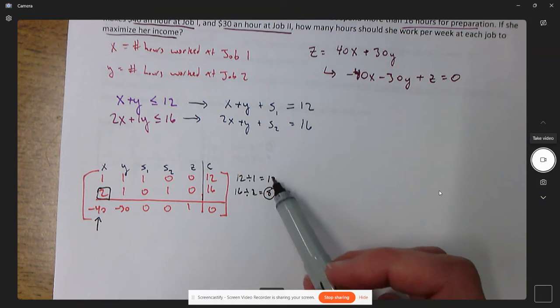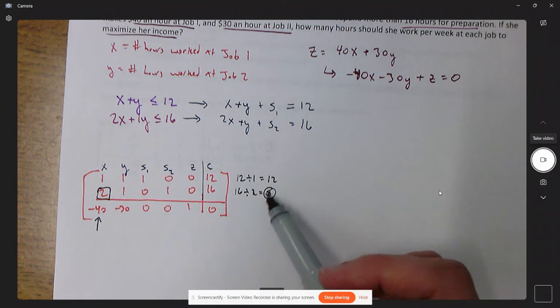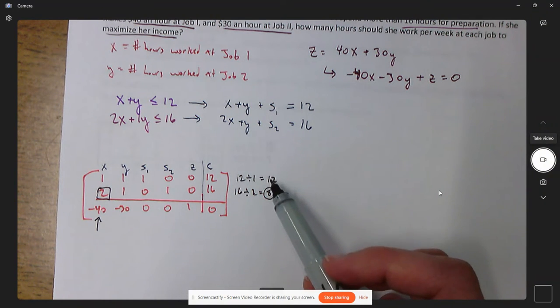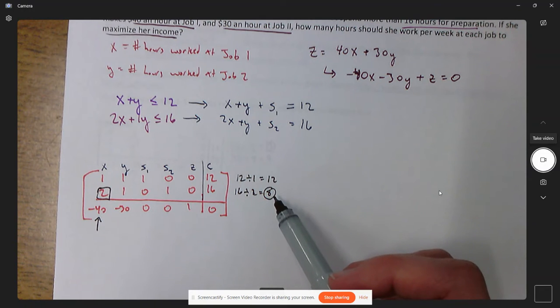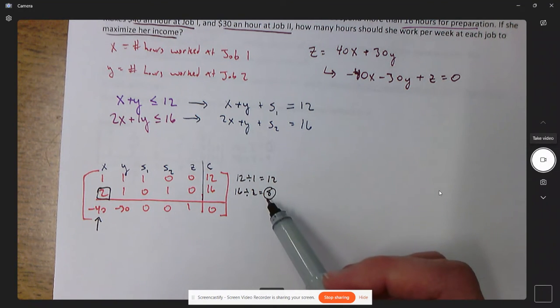Okay, so then why do we want the smaller number? Well, because both of these have restrictions on what x could be. If this one is saying that x can only be 8 at the absolute most, even though this one allows you to get bigger, we want both of these inequalities to be true. This one's telling me that she can work at most 8 hours at the first job. That's it, at most she can do. So I want to stick with this guy because that's the tighter restriction, the more restrictive thing that we're saying here.